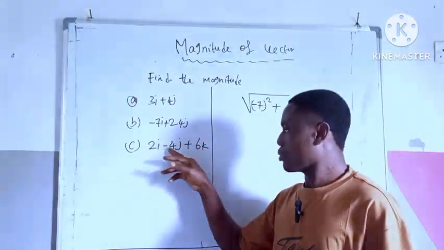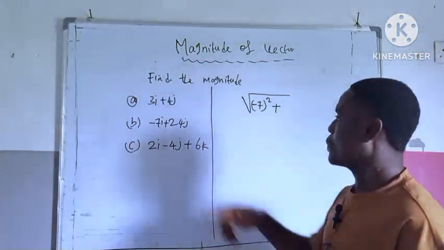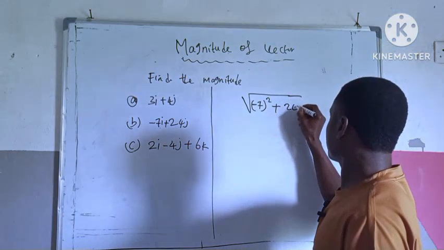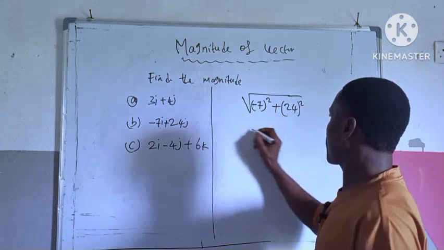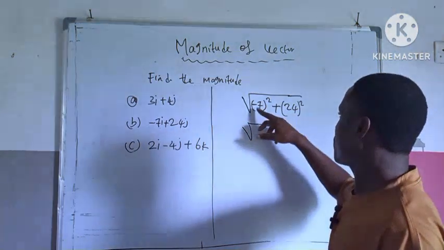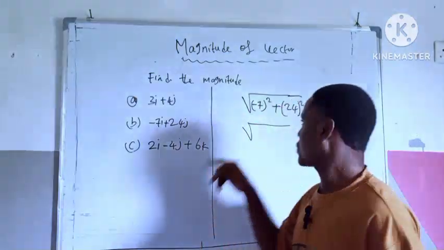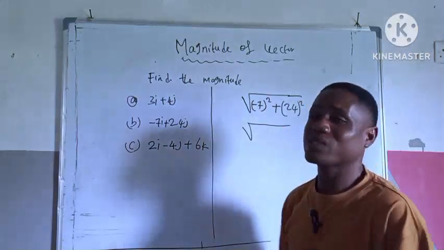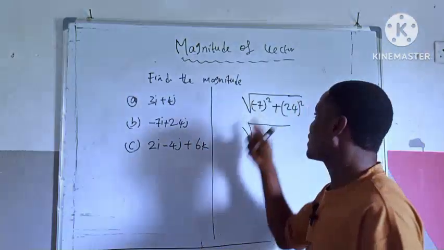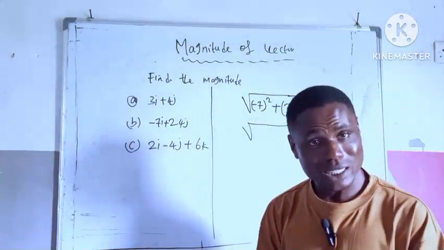Once we get to this one, you'll understand better. Just follow me. The second number is 24. We have 24 squared. So what do you have here? That is minus 7 times minus 7, because it's 2 times here. Don't say 7 times 7, no. Take note: anything you do, carry the sign along. Are you getting it?